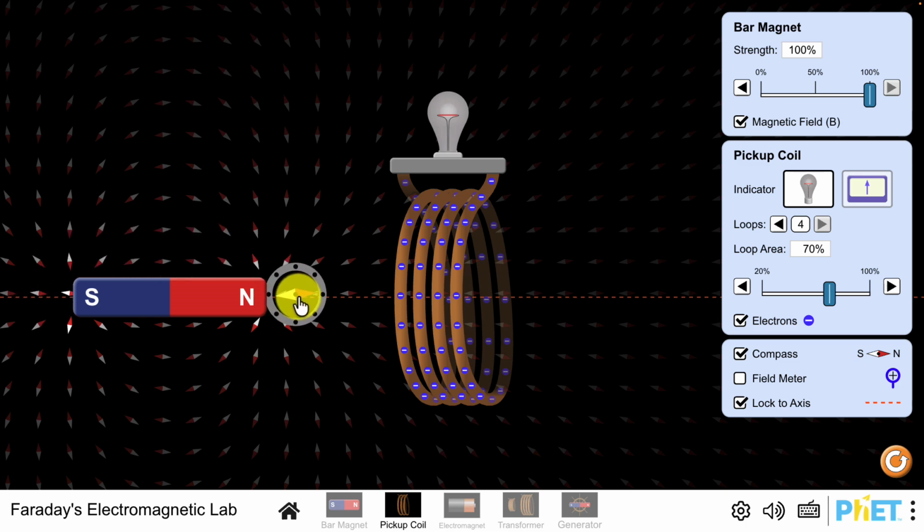If you look a little bit further, you also get the magnetic field, but of course, because it's further away from the north pole, the magnetic field will be weaker. Within the coil, you still get a magnetic field, but it is weaker.